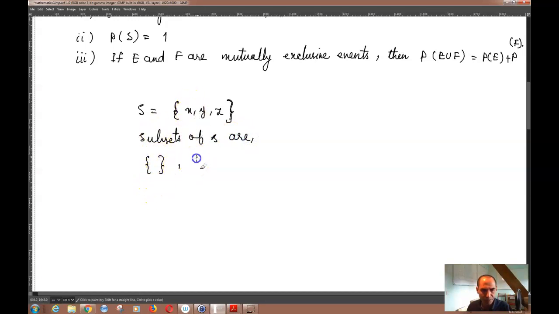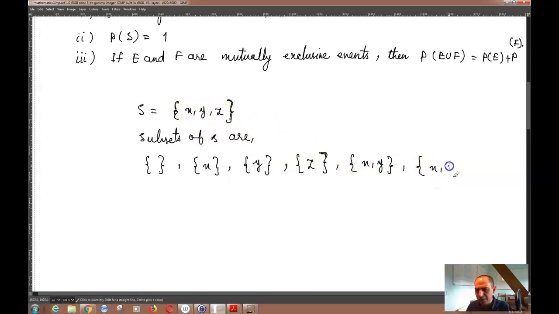Then the set containing only X, then only Y, then only Z. Then the set containing X and Y, then X and Z, then Y and Z. And then you could have the set containing all of the elements, meaning the set itself. So you got 1, 2, 3, 4, 5, 6, 7, 8 elements here.